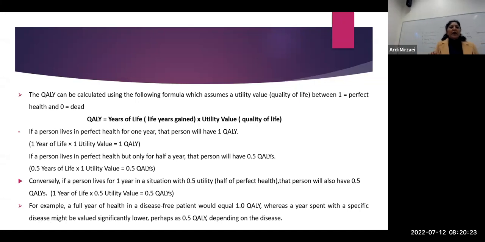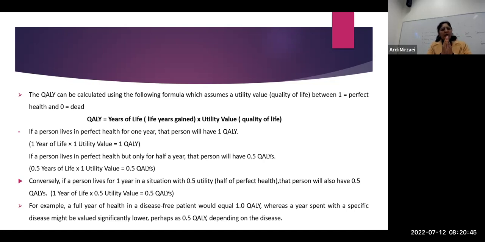Now, the QALY can be calculated using the following formula, which assumes a utility value between 1 and 0. 1 is perfect health and 0 is death. So the value can range between 0 and 1.